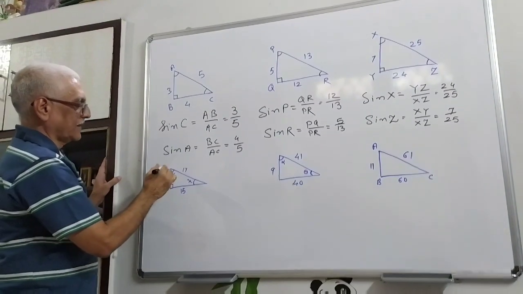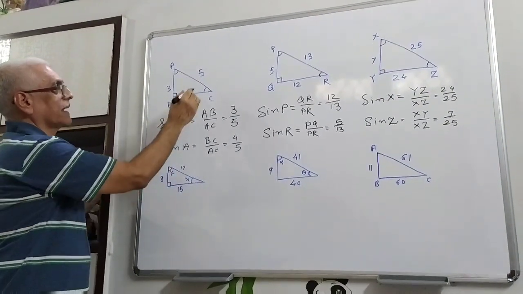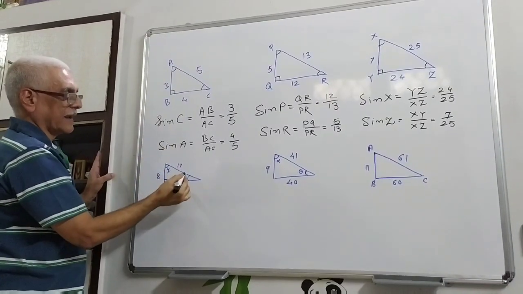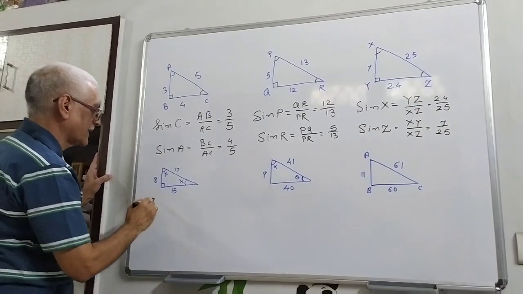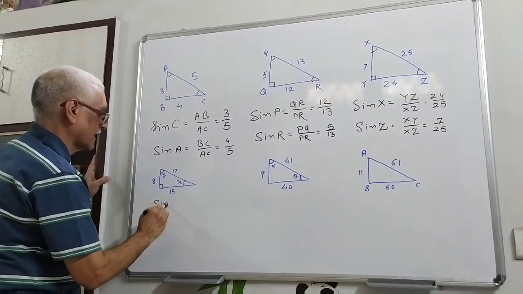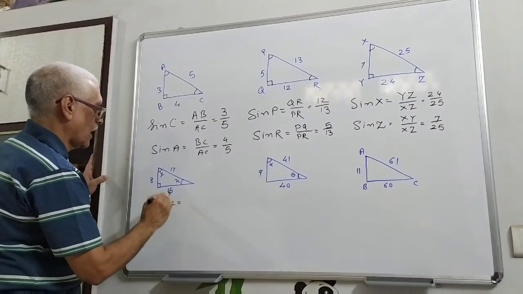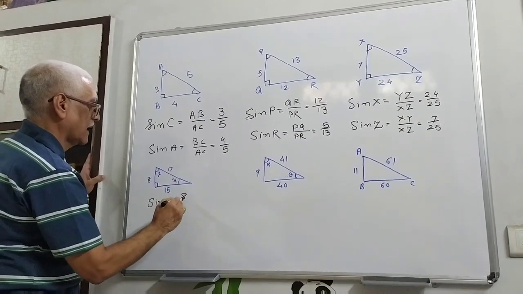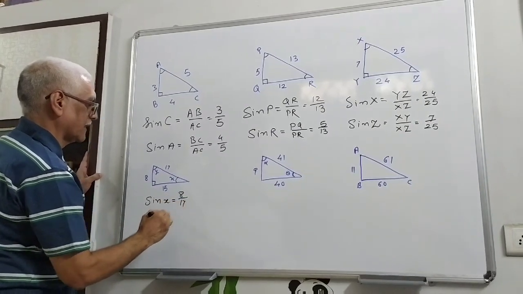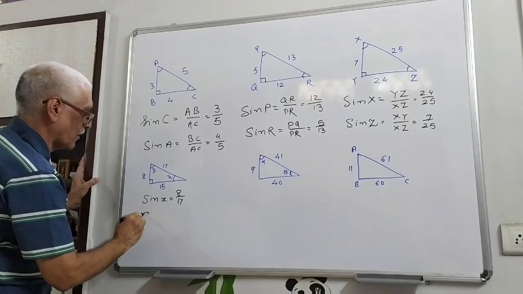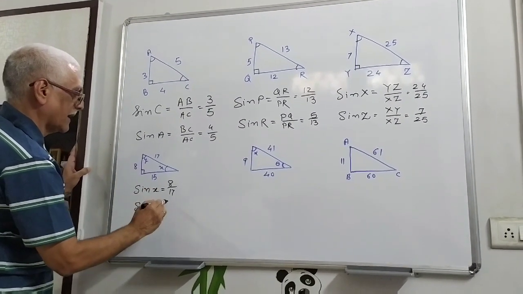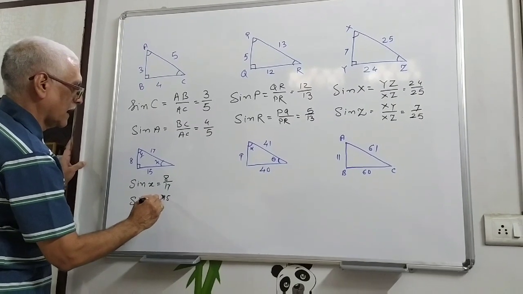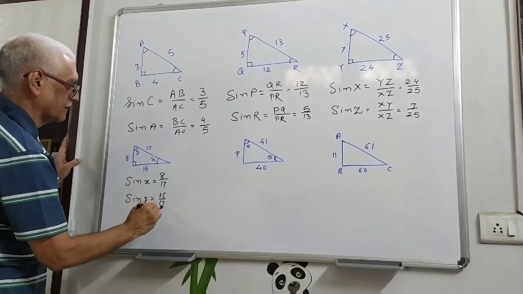Now here in this triangle, instead of saying angle A, angle C, we are taking the measures. Suppose the measures of the angles are X and Y. So sine X is equal to opposite side 8 upon hypotenuse 17. And sine of Y, the length of the side opposite to Y, that is 15, upon hypotenuse 17.